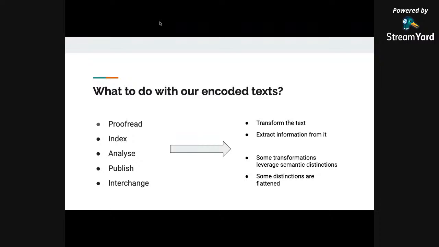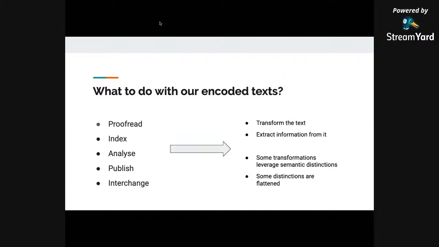And the last point is about interchange. So we advocate the use of standards and best practices, which means that our files and our materials can be interoperable with other projects that use the same standards and best practices. So how do we actually achieve those things? There are 2 main ways.